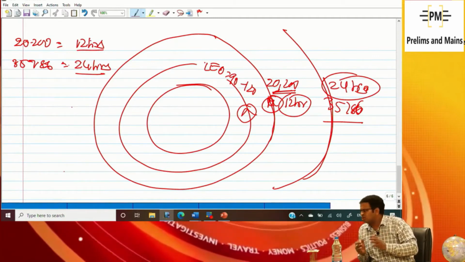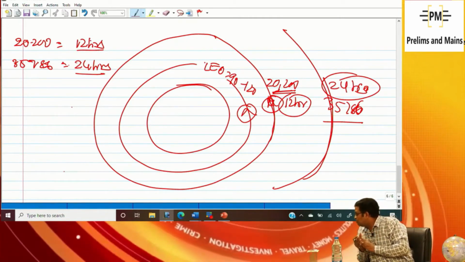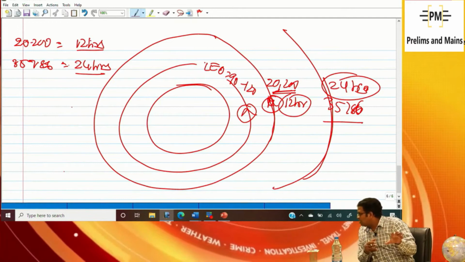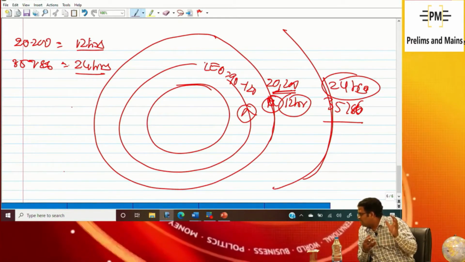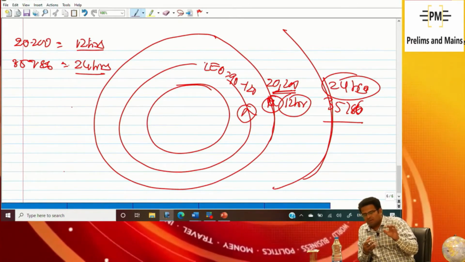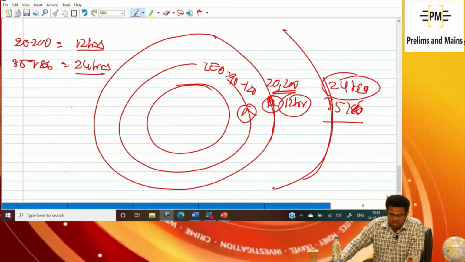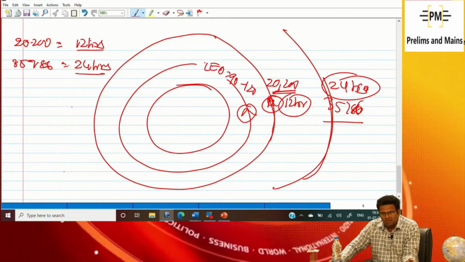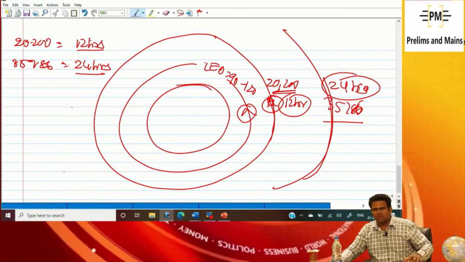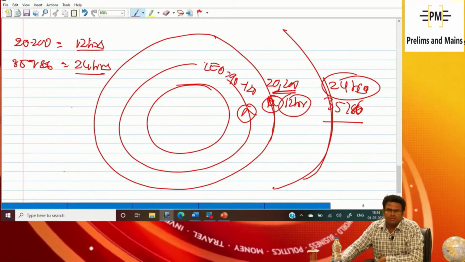Better do not ask this question, about collision if there is more than one satellite. I am telling you, beta, you are new to all this. Go and ask those who have prepared for 3-4 years. I am giving you a challenge, beta.